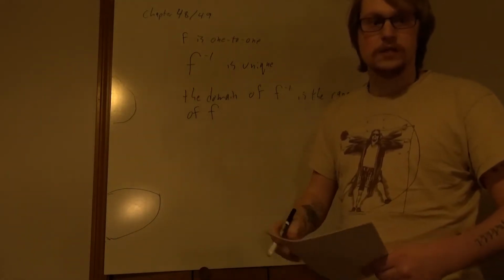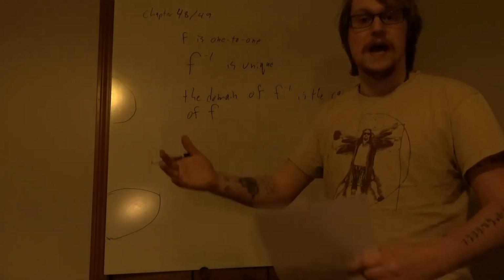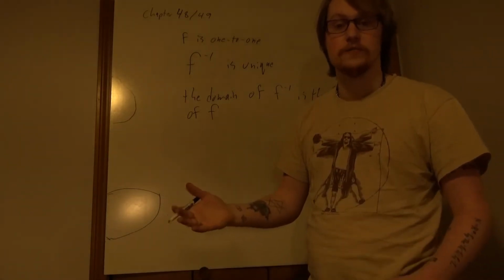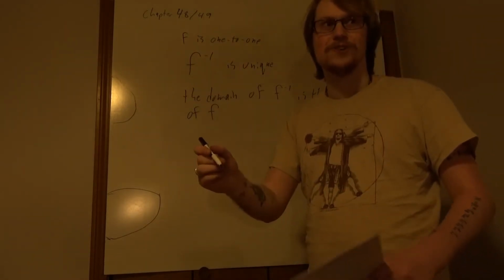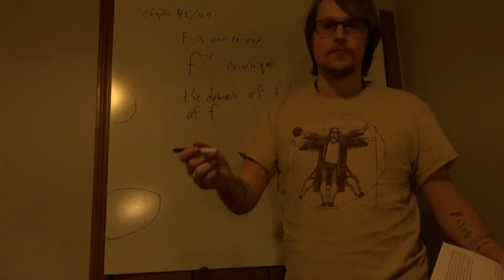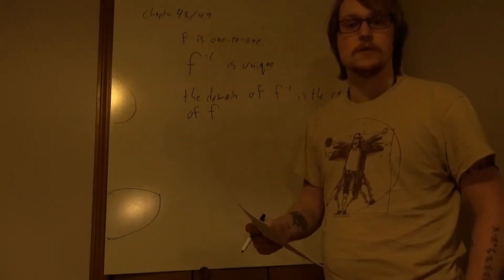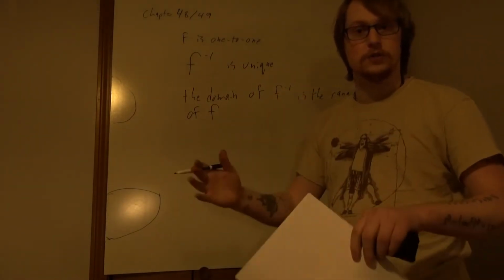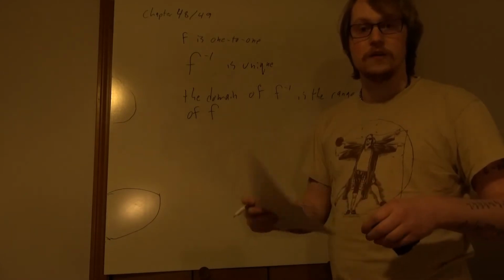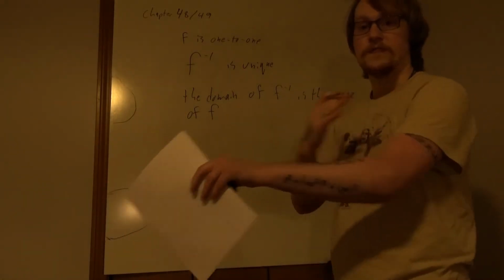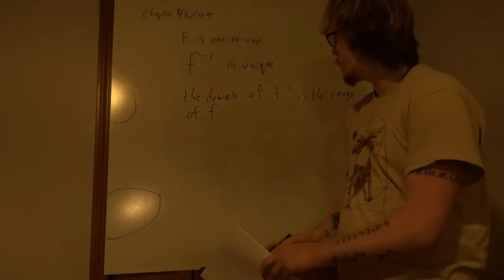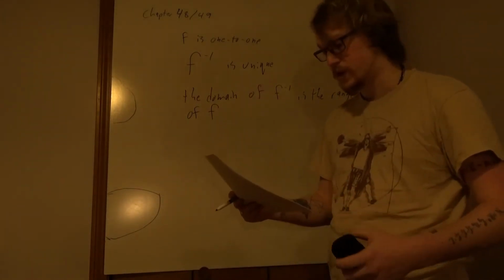All that means is the outputs of f is exactly how we define the range of f. So if f inverse takes inputs, which are the outputs of f, then the domain of f inverse has to be the range of f. And vice versa, the range of f inverse is going to be the domain of f. Again, this is just because they flip the operation. I'm not going to write that one though because it's nearly the same.